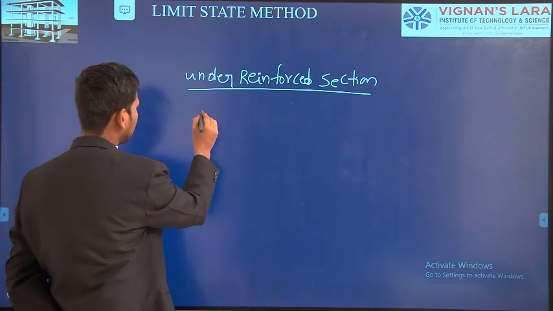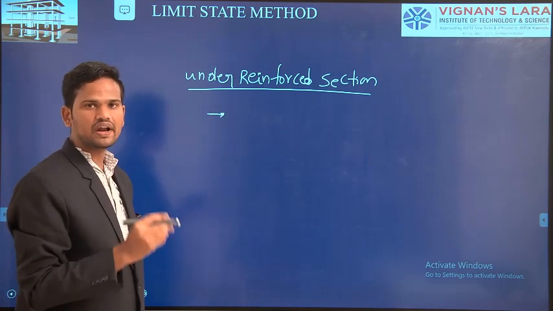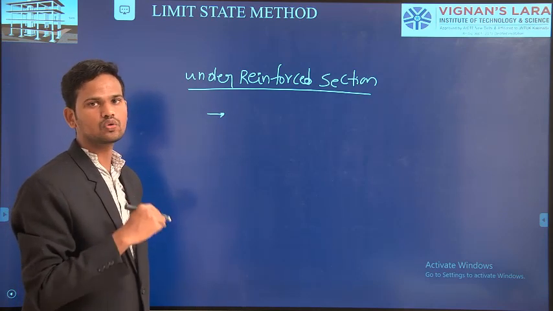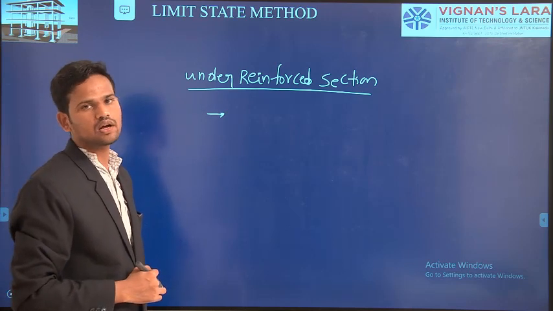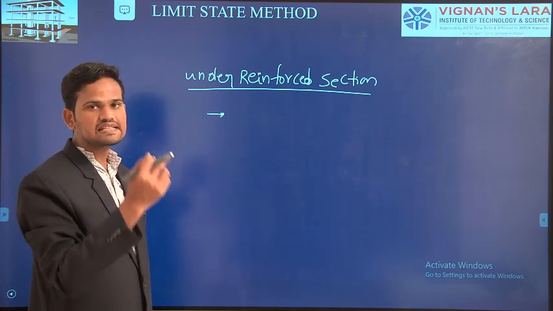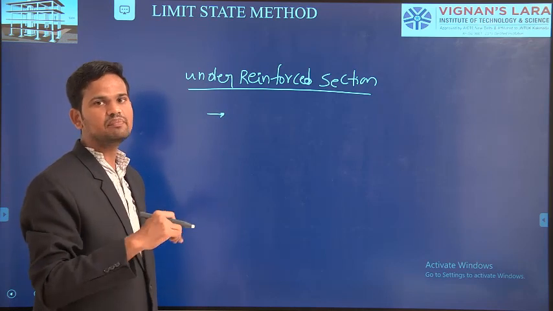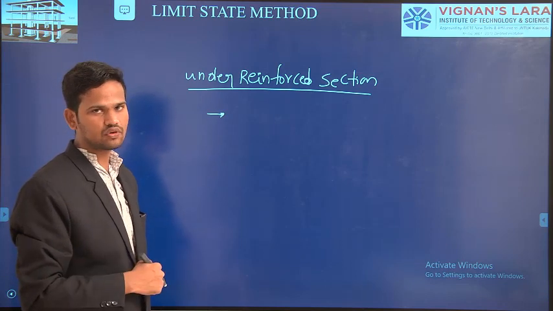In an under reinforced section we are providing a limited amount of steel compared to the balanced section. Due to this less steel, the strains come to the steel first, and the steel may lead to failure. That's why we call it an under reinforced section.